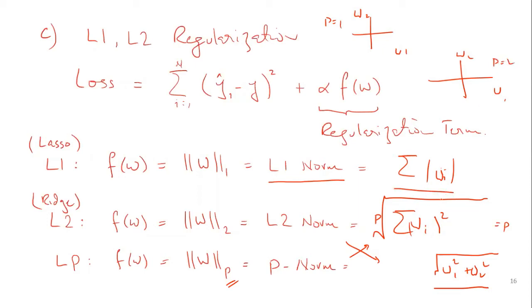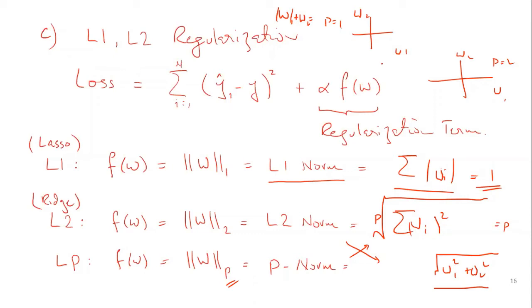This is the sum of those two, and let's say we make this equal to 1. So we're saying that the absolute values of W1 plus W2 have to be equal to 1. What's the equation where W1 plus W2 is equal to 1?